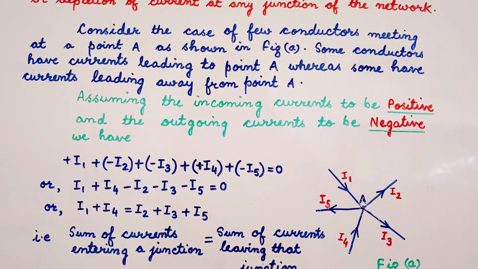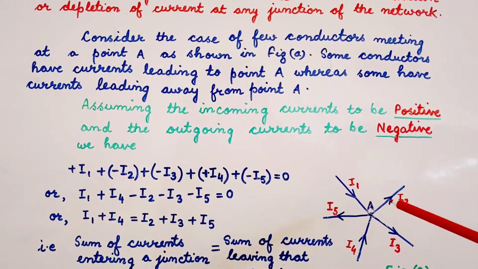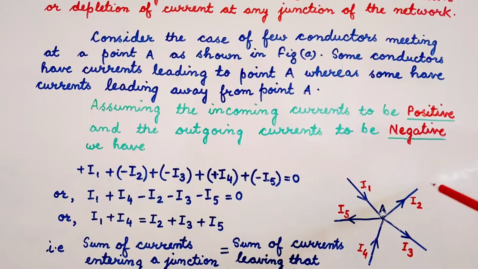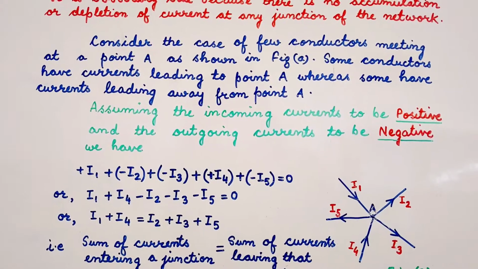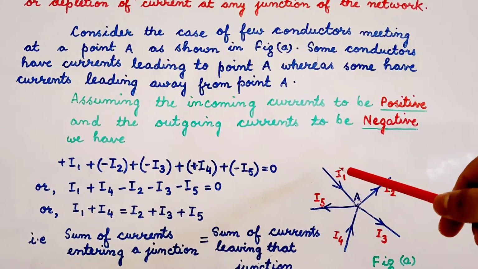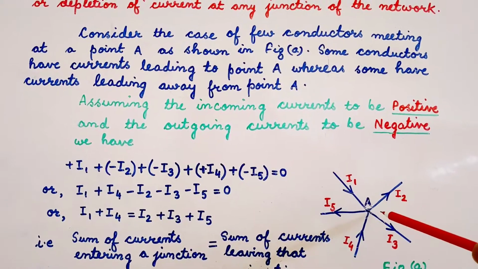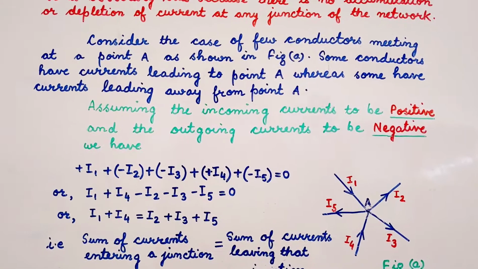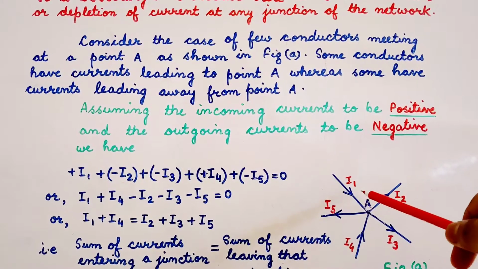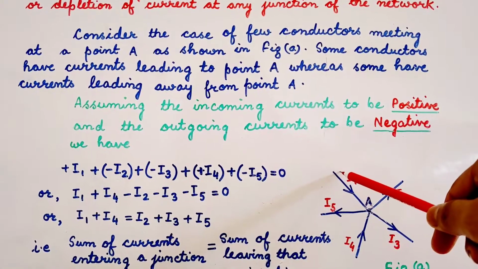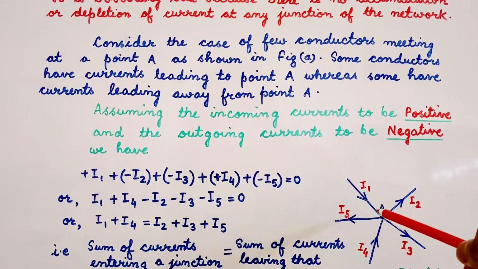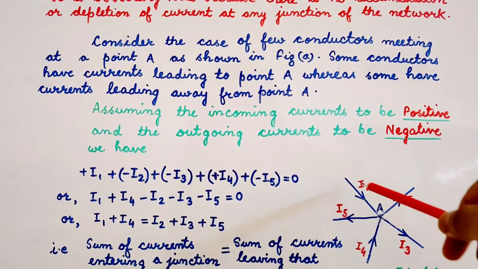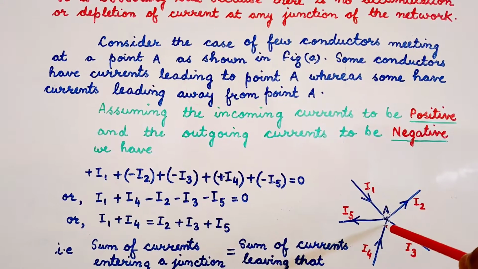Now let us assume that the incoming currents are positive and the outgoing currents are negative. So if the incoming currents are positive, that means the value of I1 will be positive because it is entering the node A. This is also an incoming current.